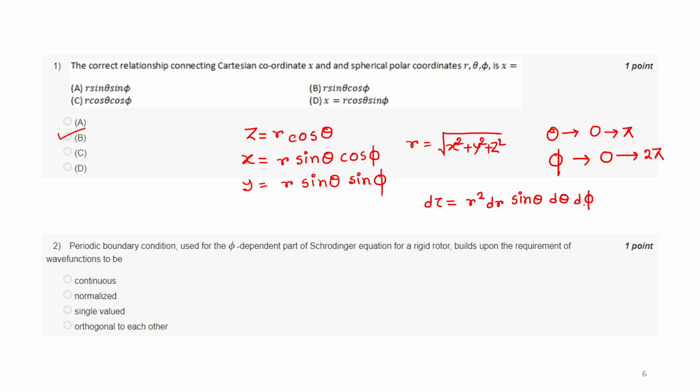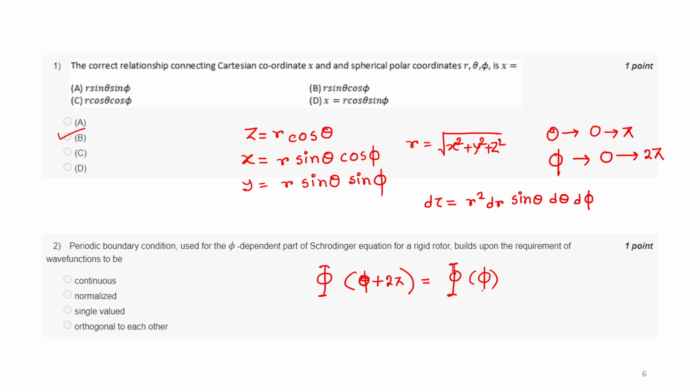Now the second question: the periodic boundary condition used for the phi dependent part of the Schrodinger equation of a rigid rotor builds upon the requirement of the wave function to be single valued. If you remember, this builds upon capital phi of phi plus 2 pi being equal to phi of phi, right?